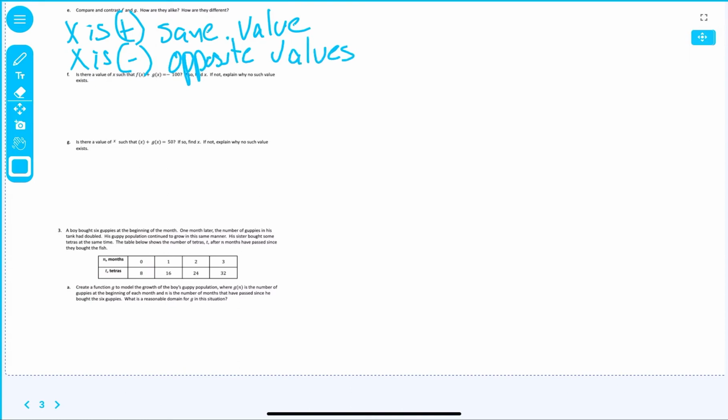Okay? F. Is there a value of x such that f of x plus g of x is equal to negative 100? If so, find x. If not, explain why no such value exists. Think about it.